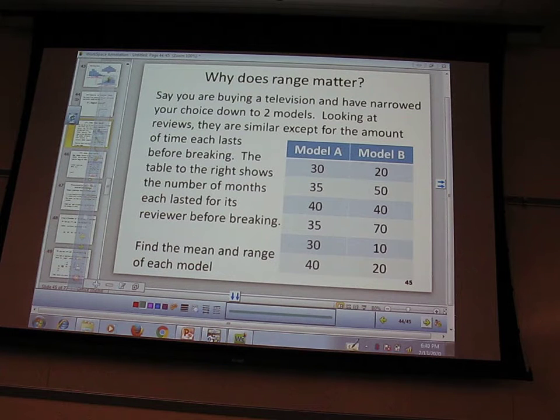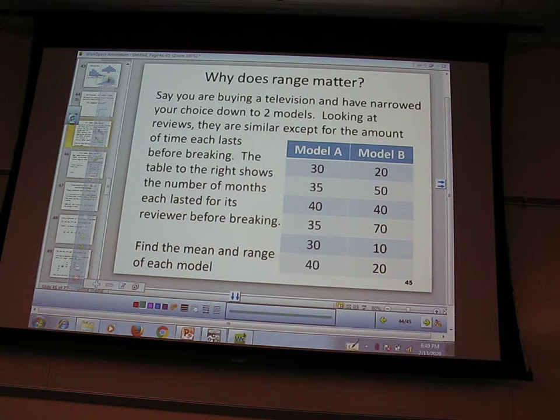Wait, the range is the difference between the highest and lowest value. So it's just 40 minus 30.